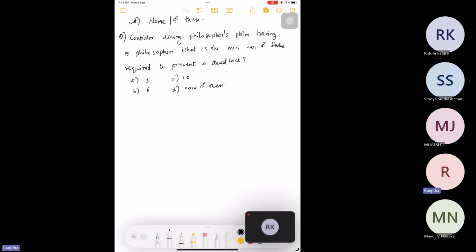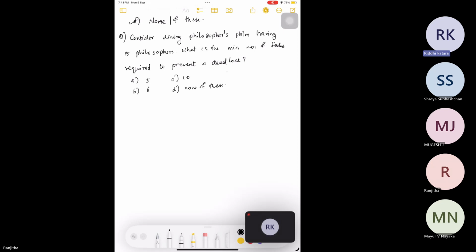What is the answer here? For the dining philosophers problem, we had 5 philosophers and 5 forks, so we have deadlock. Now, how many more forks were needed to break it?